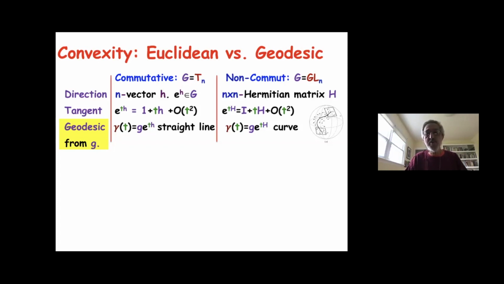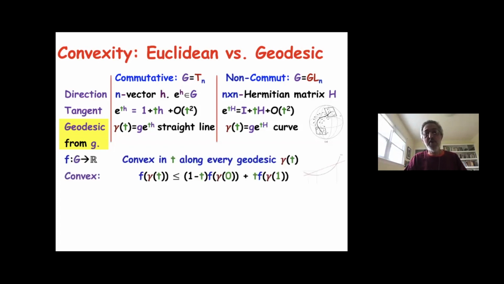So I don't want to get into technicalities. But anyway, the point is that once you start thinking about convexity along geodesics, then all the notions merge. So in particular, we define a function to be convex simply if it's convex in t, in this real variable, along every geodesic.